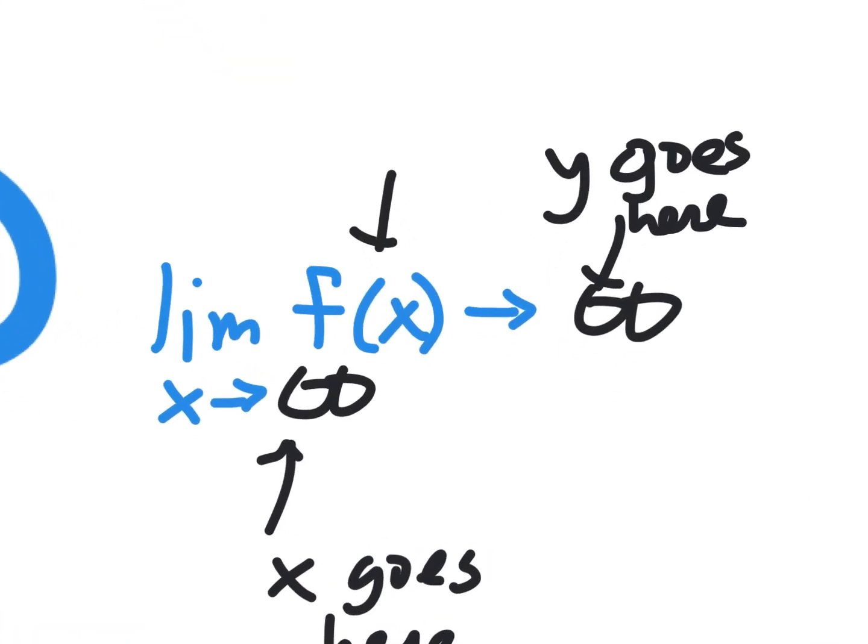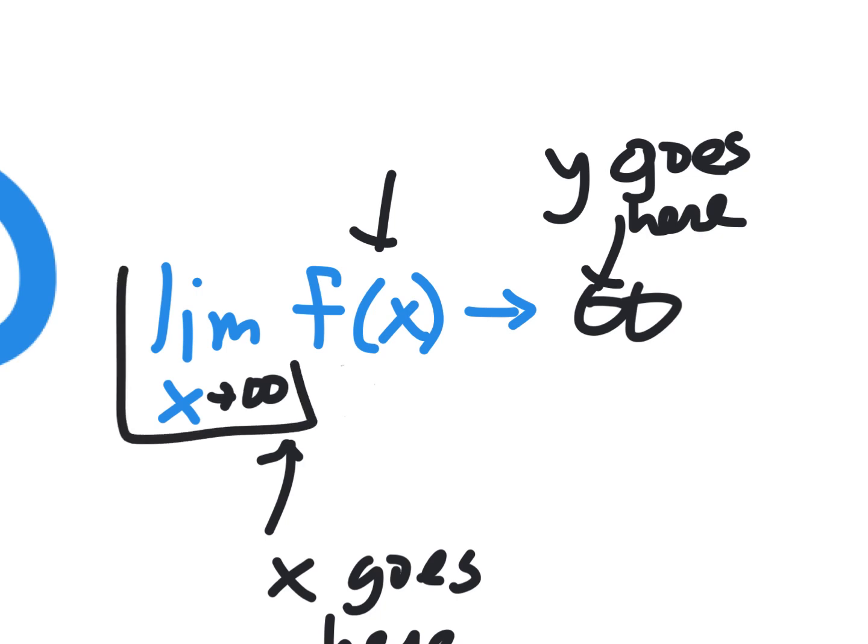Now technically, I just want to be really technical right now. This is supposed to be all underneath the word lim. It's not supposed to stray past the word lim. If some of you take the AP test, they're really fussy about that. This has got to be one little block. Limit as x approaches infinity of the function is infinity.